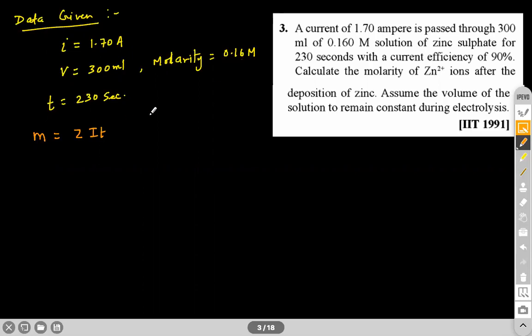Further, we can write Z equals E by 96500, where E is the equivalent mass.